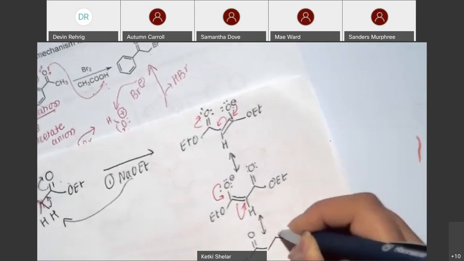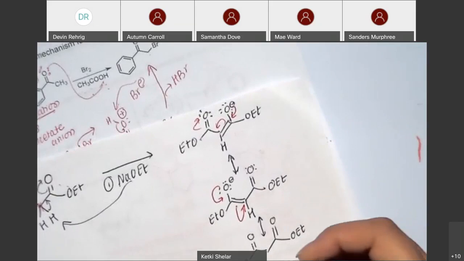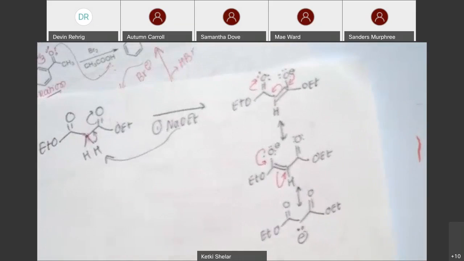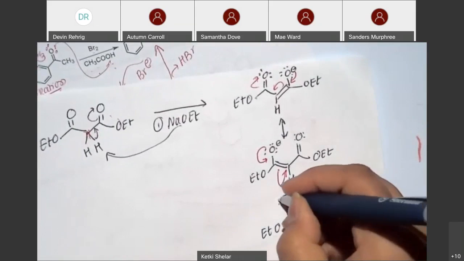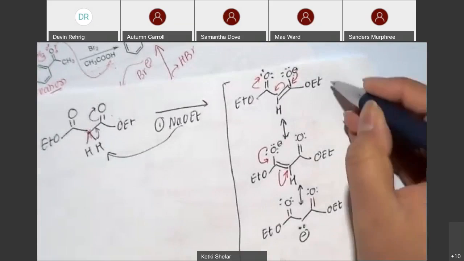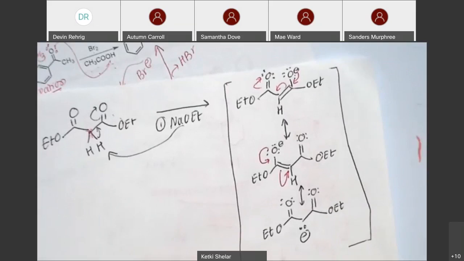Even though they don't ask for the mechanism, I still want to show you a few important steps which will make your life easy during the exam. Because I myself graded your exams with one of the other TAs, and I've seen people lose points on arrows because they don't put arrows.